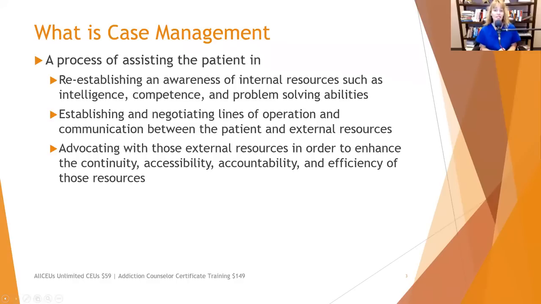It's a process of assisting the patient in establishing and negotiating lines of operation and communication between the patient and external resources. So this is one area where case management comes in, where we really don't do a lot as traditional counseling. So case managers are going to say, okay, Jim Bob, you need vocational services.